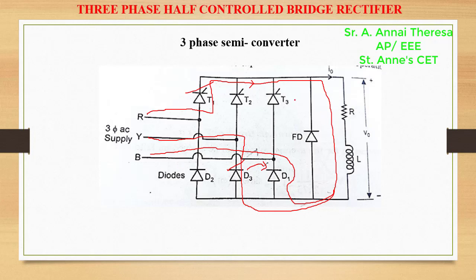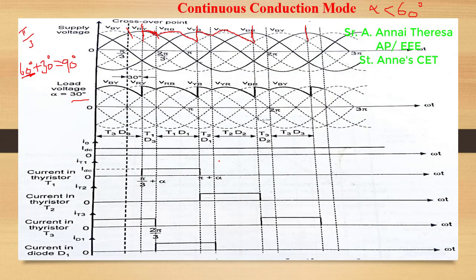This thyristor T3 is the new one. That voltage will appear as the output. Next you have to draw like this, then for BY you can continue like this.